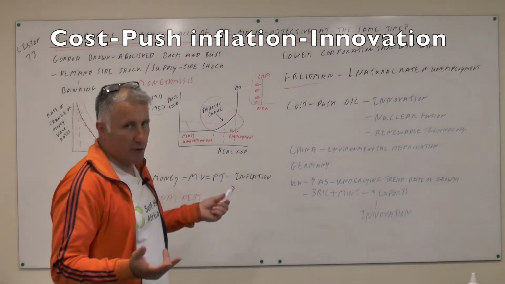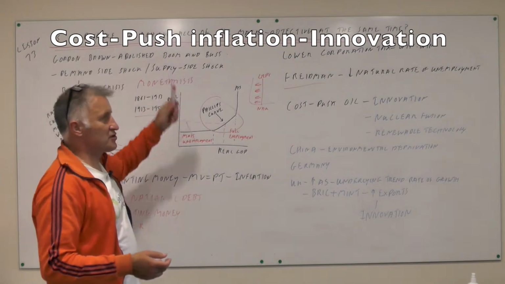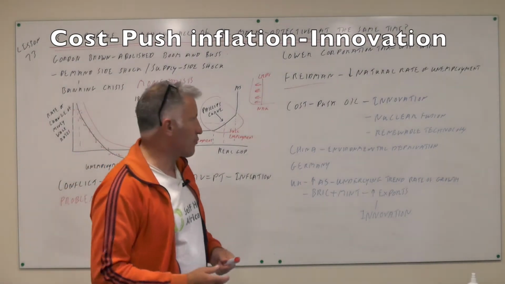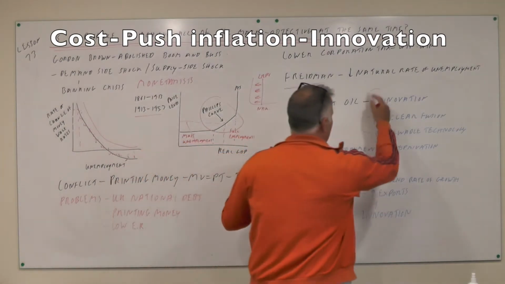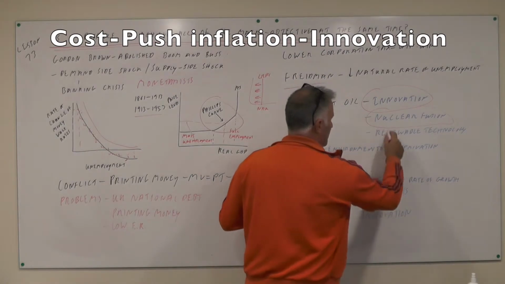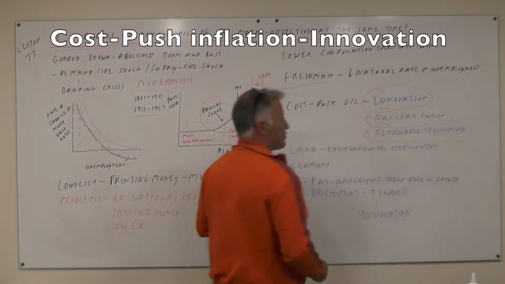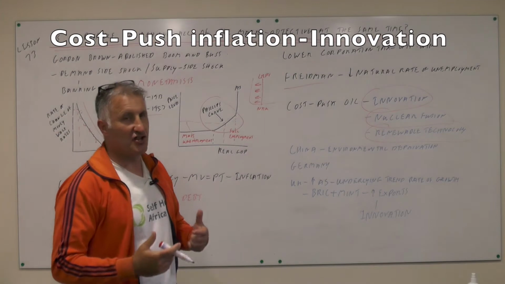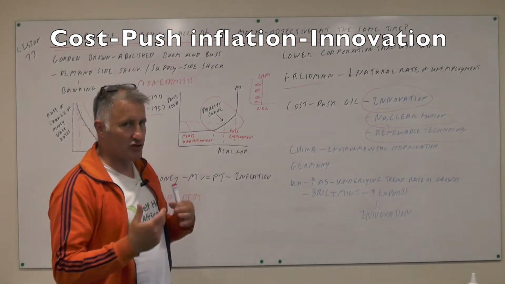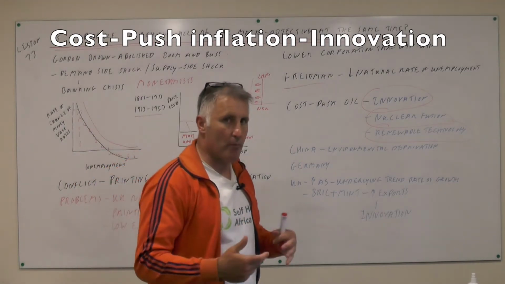Even with the threat of oil prices, which Jeff Rubin says has caused 9 out of the last 10 recessions, we can actually get over that problem because we can innovate and we can use nuclear fusion, or we could use renewable technology, which is an interim technology. And so it needn't be the case that the oil price or resources or energy has to go up in price.